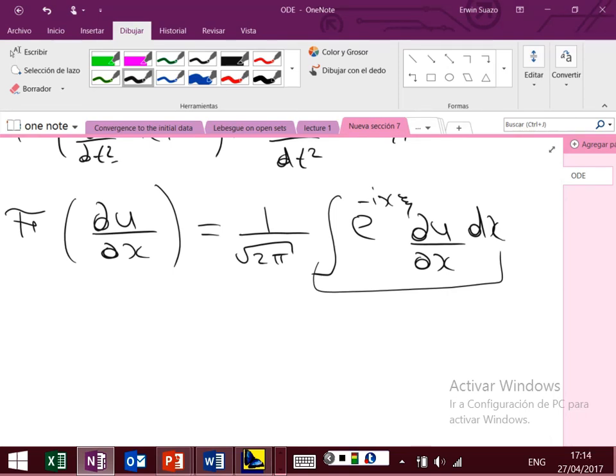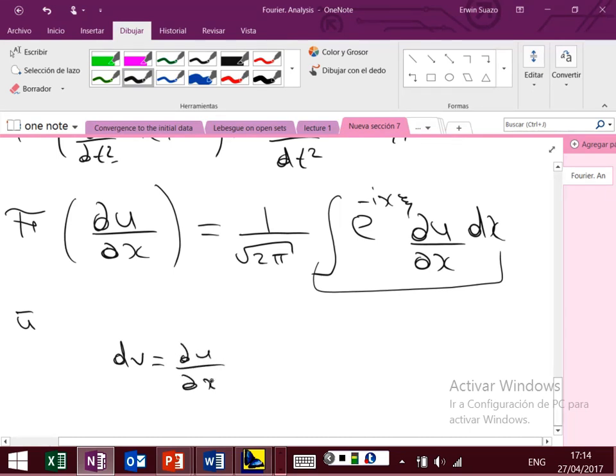What is your favorite trick from calculus 2 or calculus 3? Integration by parts. So what is integration by parts? Let me use the same notation always: u and dv. So what is gonna be dv? du dx. And then v is what?